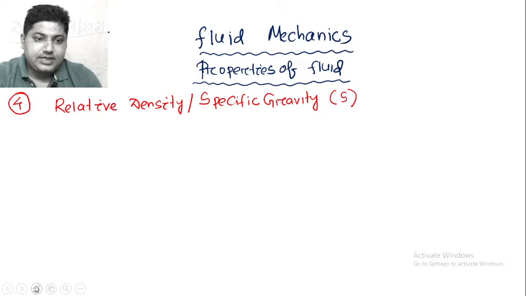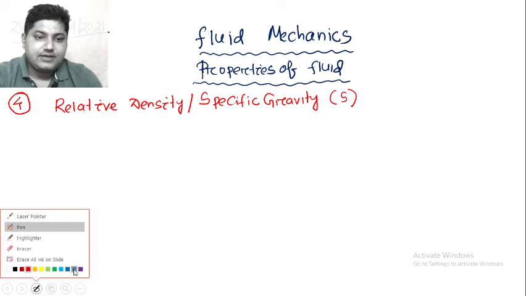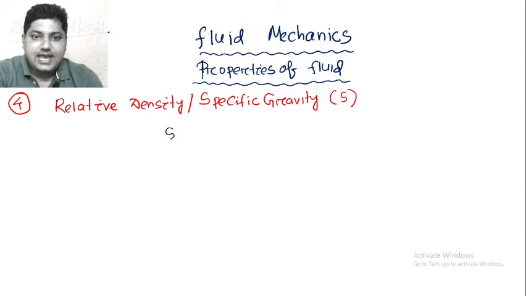So the specific gravity of the fluid we can write down as S equals the density of any fluid to the density of the standard fluid.